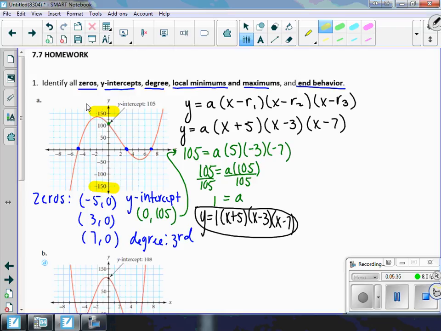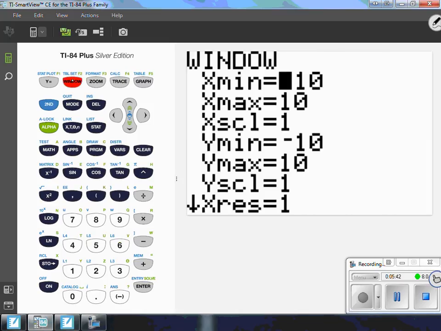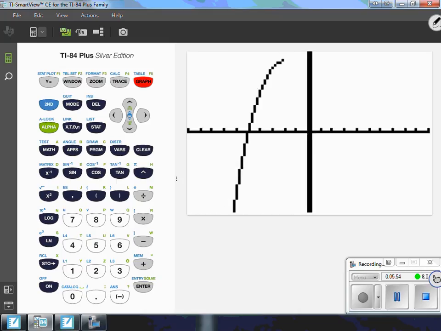That will help me when defining my window. So I'm going to hit window, go down and change your Y min to negative 150 and your Y max to positive 150. Now hit graph, and you can nicely see your max and your min.